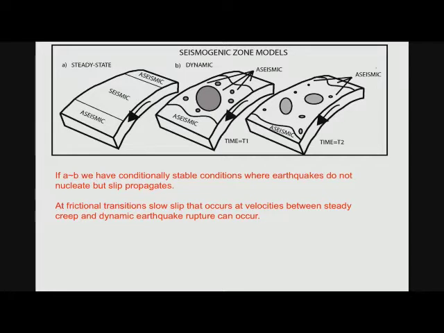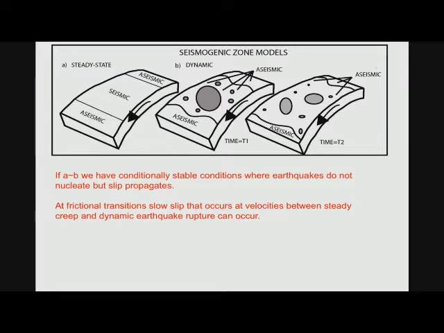So by introducing conditionally stable frictional properties, you can get quite a bit of slip and a large earthquake, even with this type of asperity distribution versus just the large ones. So that's one important aspect of that.